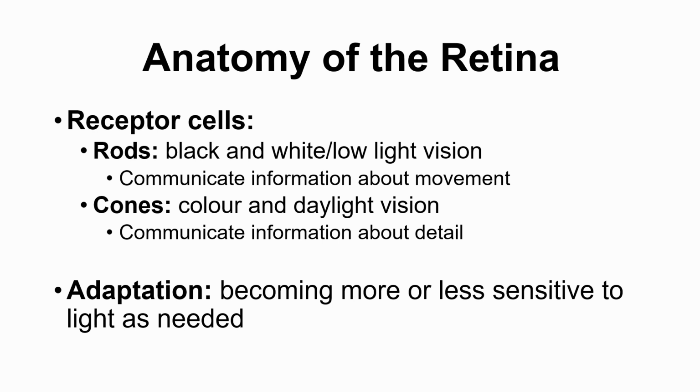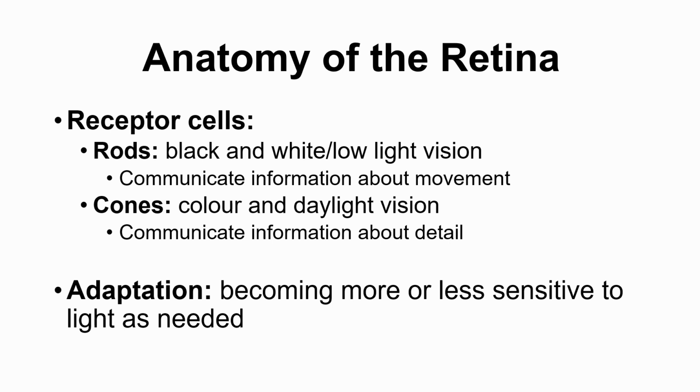And so, of course, our other kind of receptor cells are cones, and cones detect color. So they're responsible for our daylight vision. They need a lot more energy in order for us to figure out what color we're seeing because we're perceiving different wavelengths of light. So that only works when there's a lot more light entering our eyes.